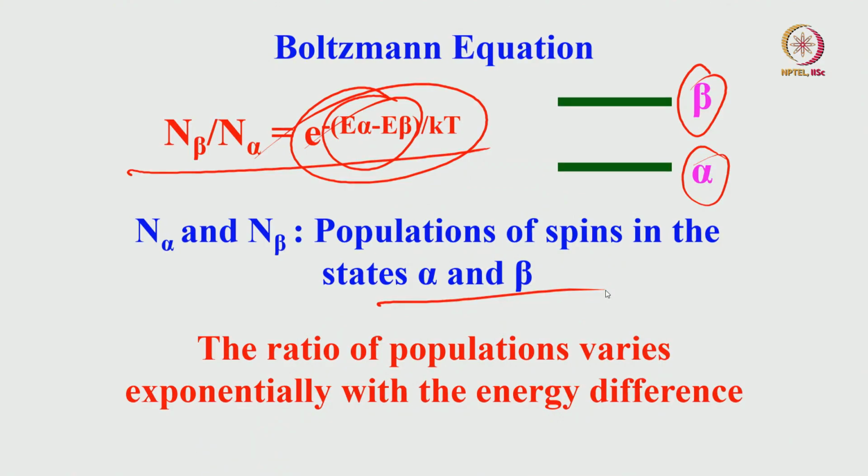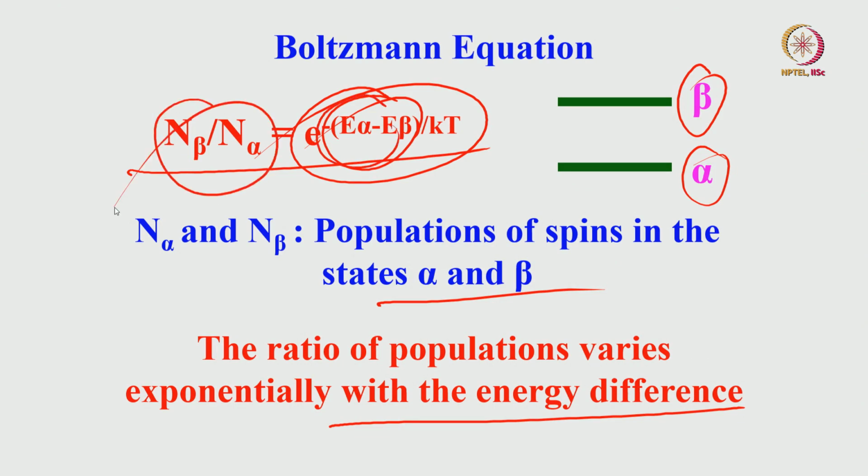This is the energy separation, and n alpha and n beta are the populations of the spins in the states alpha and beta. That also we know, and the ratio of the populations varies exponentially with the energy difference. According to this equation, this is the ratio of spin population. You see how exponentially it is varying.